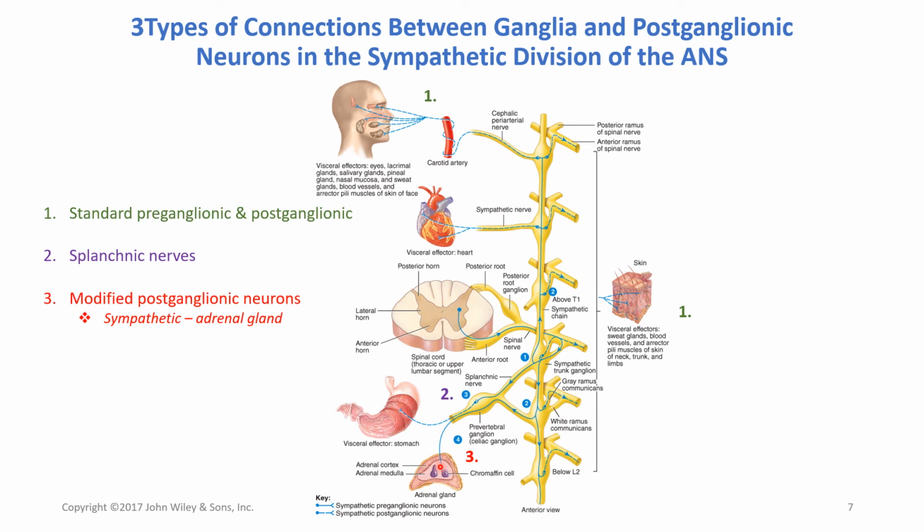And then the third one was what we called that modified postganglionic neuron. Remember, that's going to the medulla part of the adrenal gland, and that's what we had synapsing on a chromaffin cell, and that chromaffin cell was putting out our epinephrine and norepinephrine. So three different types of pathways to get our sympathetic nervous system activated and out to its effector organ.